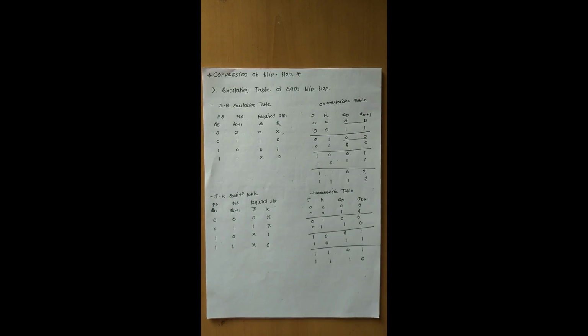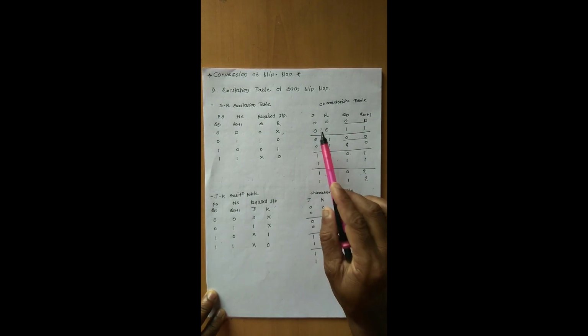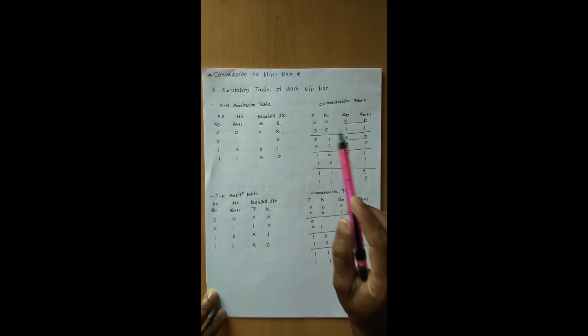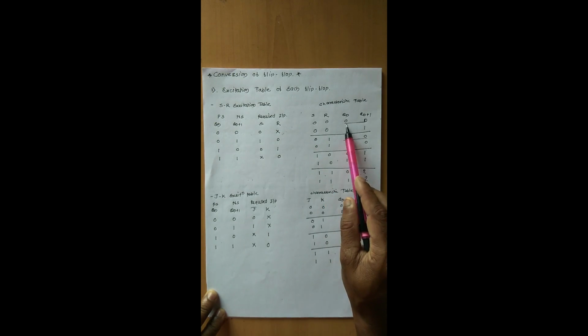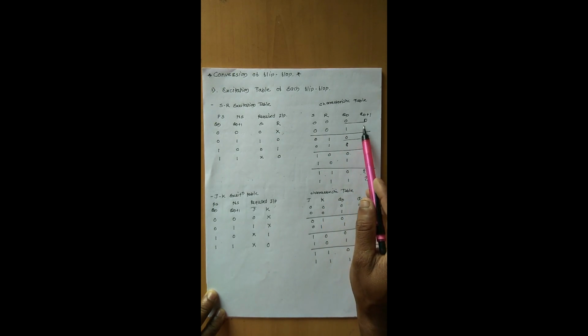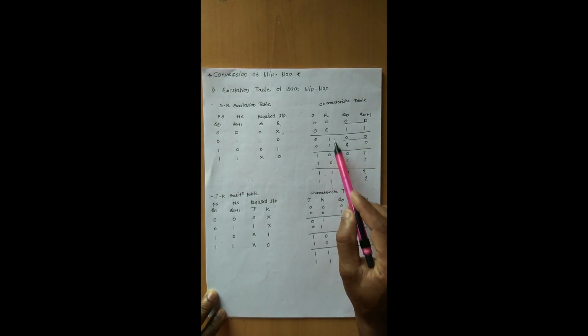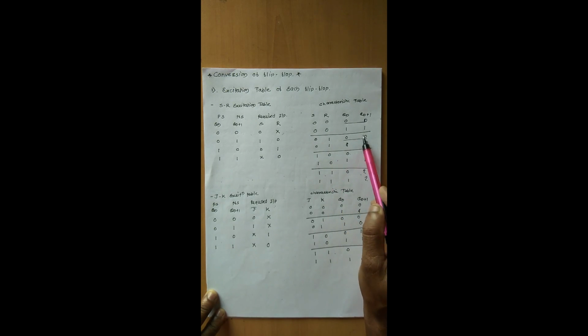What is the meaning of characteristic table? This is the characteristic table of the SR flip-flop, in which we study the operation of the SR flip-flop. For 0 0, if the present state is 0, Q of n plus 1 is 0, and if the present state is 1, then Q of n plus 1 is also 1. For 0 1, the flip-flop is reset, so Q of n plus 1 is 0.